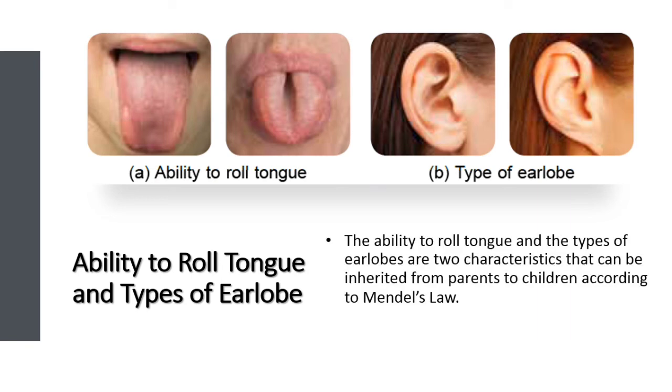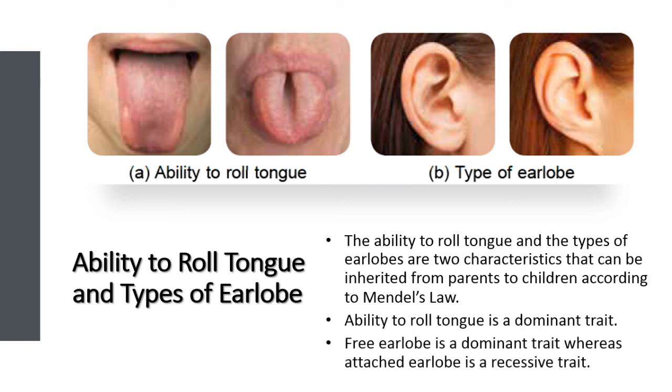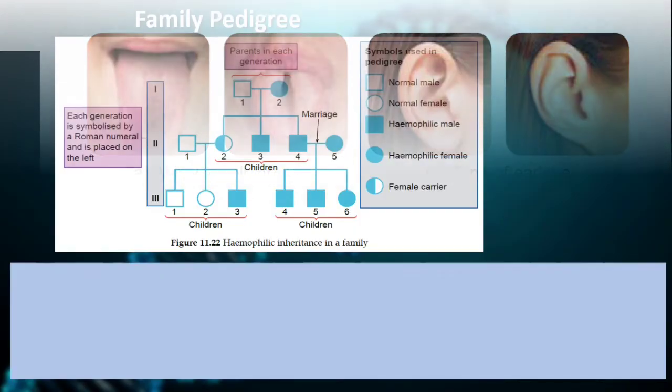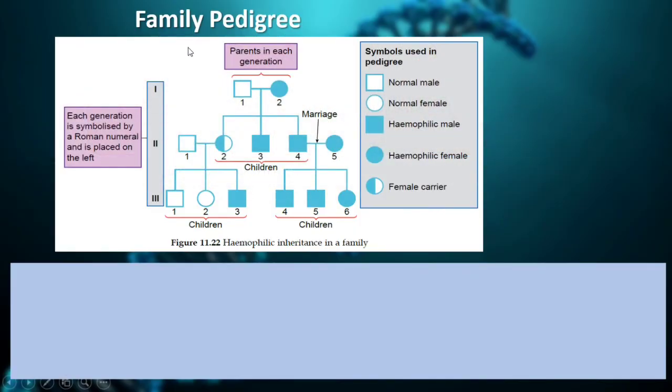So ability to roll the tongue is a dominant trait, and free earlobe is a dominant trait, whereas the attached earlobe is the recessive trait. So for inheritance, we can use family pedigree to analyze and investigate the inheritance of human characteristics.